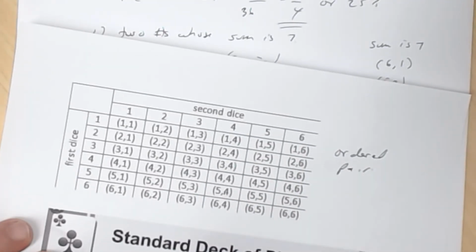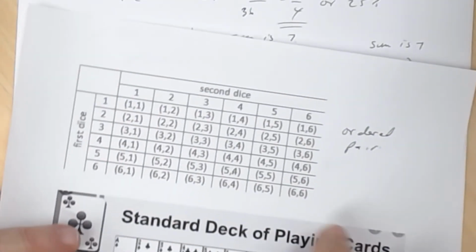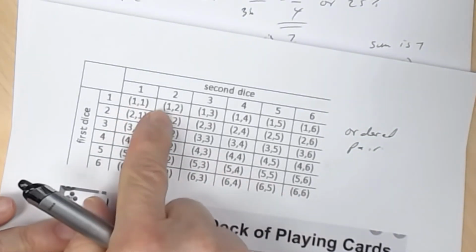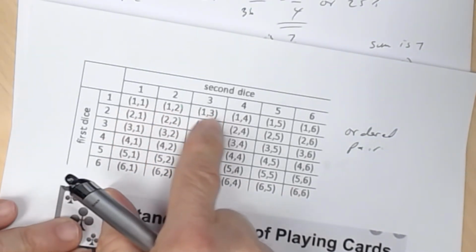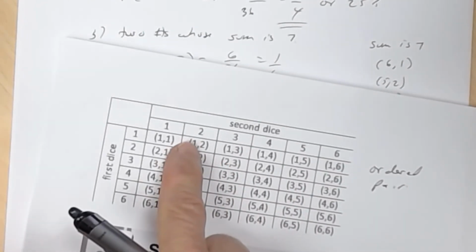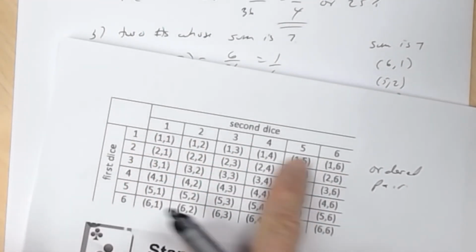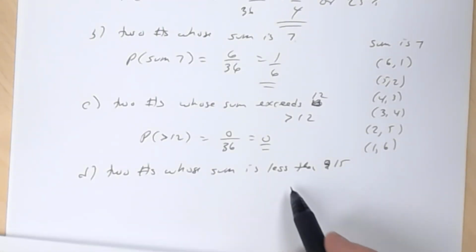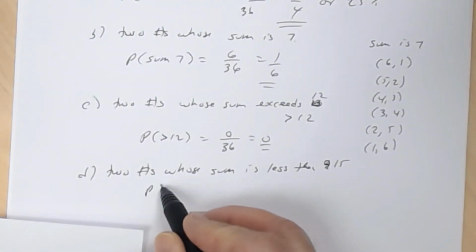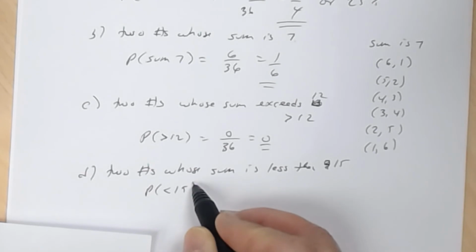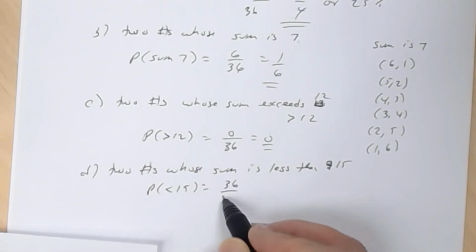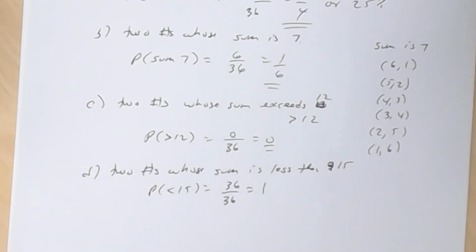Okay, so two numbers whose sum is less than 15. Oh, it's less than, right? Okay, sorry, less than. I was thinking greater than. So less than. So when you add up all these numbers, are they less than 15? Yes. So what's the probability of that event happening? Okay, so you're going to say probability of less than 15 will equal 36 divided by 36, which is 1.